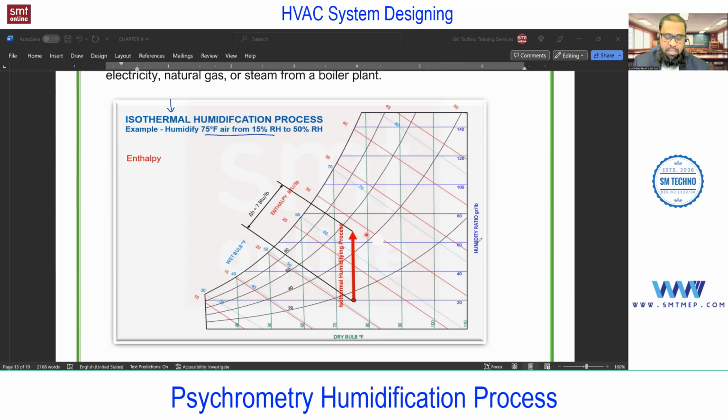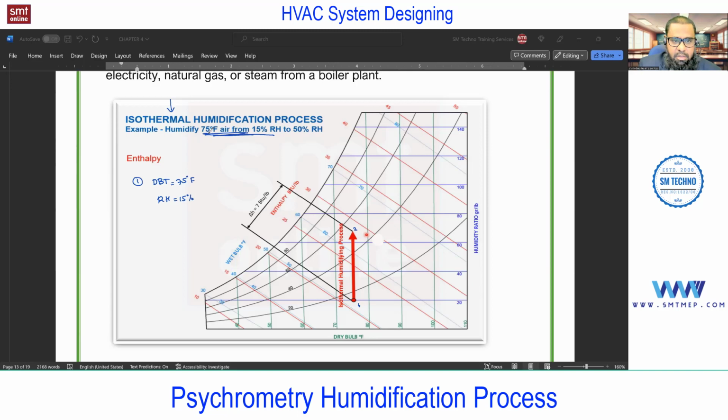So what are the different conditions you'll get? First of all, this is point 1 and this is point 2. What are the conditions at point 1? At point 1, the dry bulb temperature is 75 degree Fahrenheit, and RH is 15%.